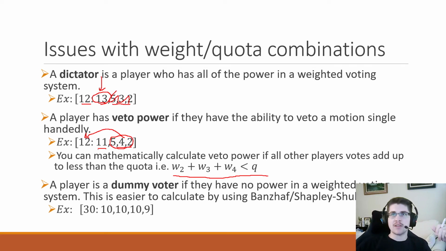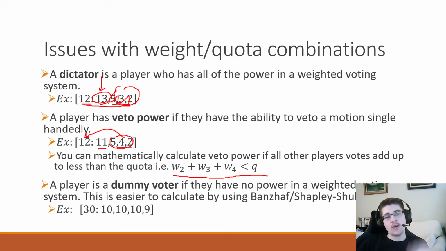And actually, going back to the example from the dictatorship up here, we would say players 2 through 4 were all dummies in that system because, as we discussed, player 1 had complete control. Players 2, 3, and 4 didn't matter. So this was an example of one player with 100% power and the rest with 0, hence being dummies.